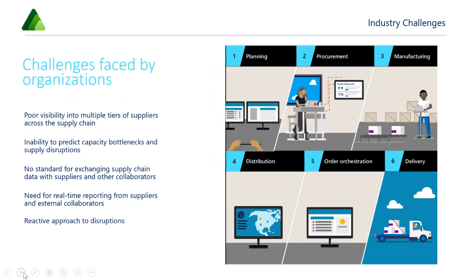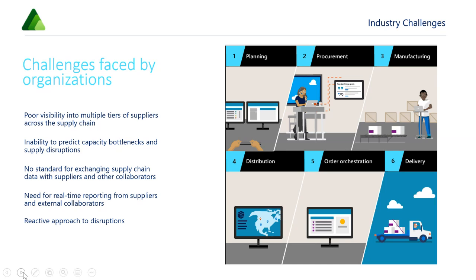What were some of the challenges that we heard directly from our customers? Oftentimes they had visibility into their tier 1 suppliers, or they at least knew who they were, but they would lose visibility beyond that tier 1 supplier. So the multi-tier supplier network would become very fuzzy after tier 1.